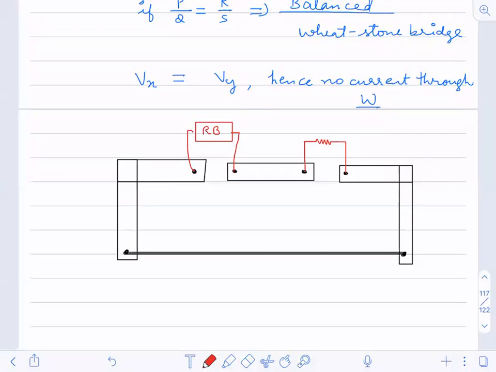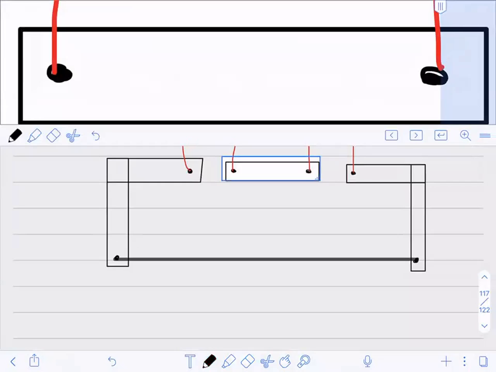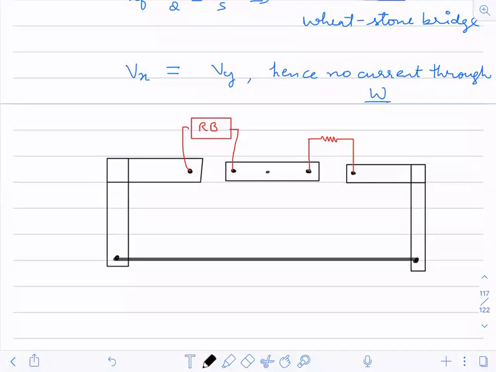All of you have drawn this. So this is the setup.